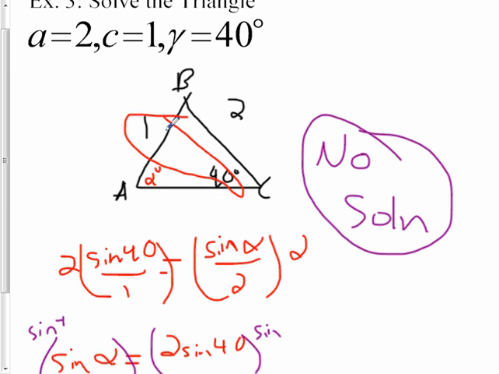Basically what that means is that given these actual angle measures, what this triangle would really look like would be something like this, where this is 40 degrees, that's 1. And the problem comes in here where there's a big gap. Basically, this just isn't a closed shape, and that's why I know that it doesn't work.